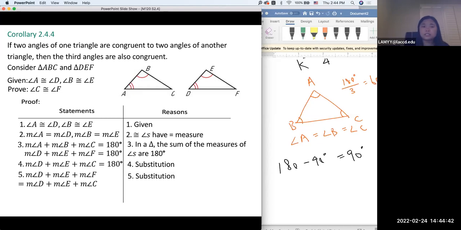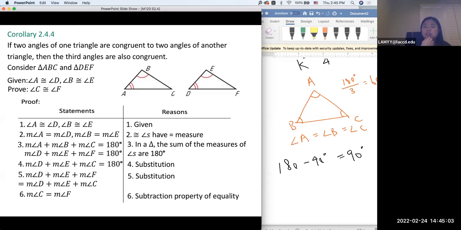So the next step, you could use the subtraction property. We subtract angle D and angle E from both sides. So you could say angle C equals angle F. Subtraction property of equality. And we are not done yet.